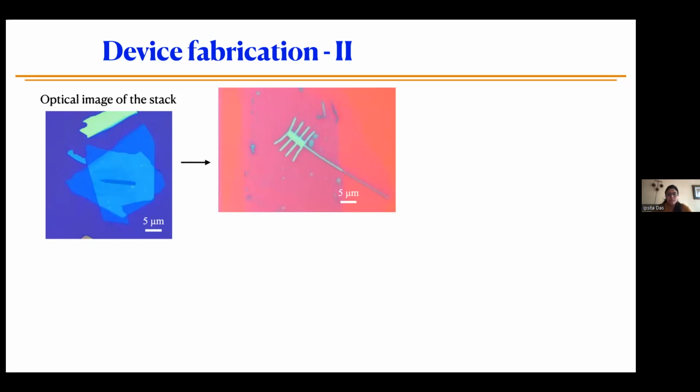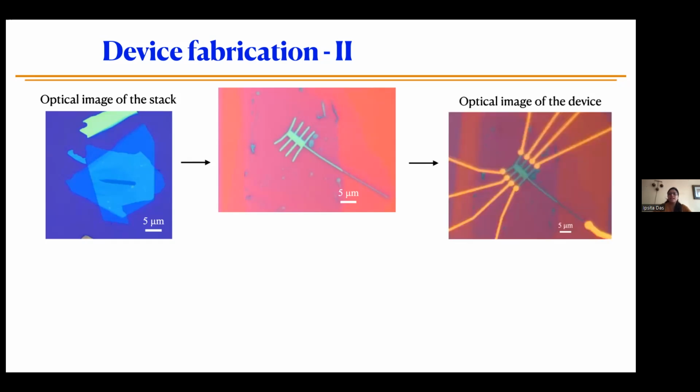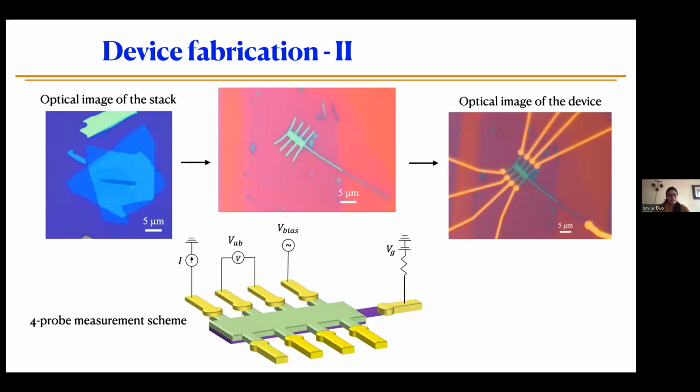So I etched the full stack in this particular Hall bar structure, and finally I deposited gold on each of these legs in order to have the electrical connection, where I will finally connect my instruments, right?